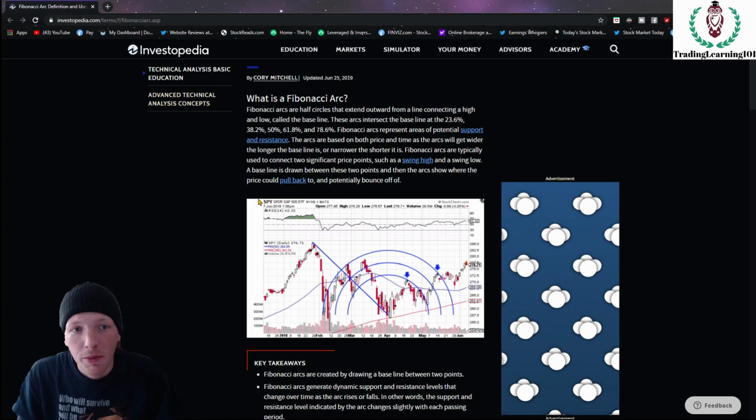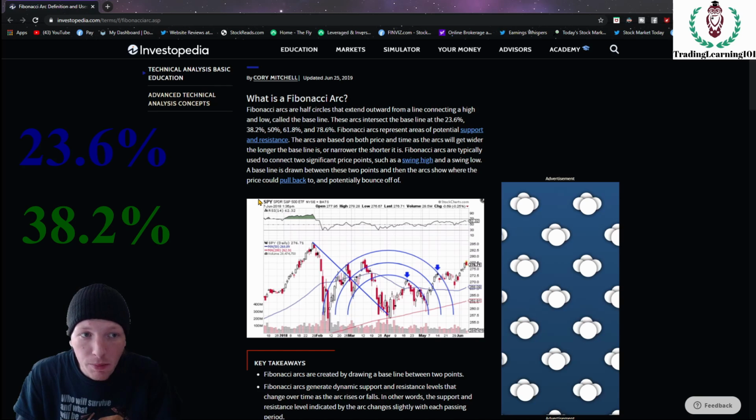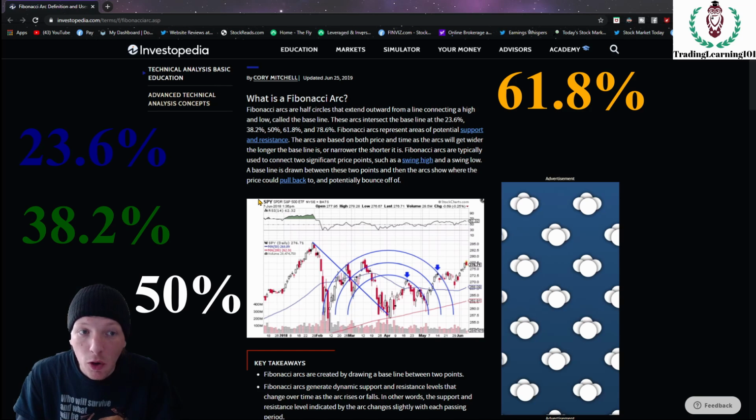So what are Fibonacci Arcs? Fibonacci Arcs are half circles that extend outward from a line connecting a high and a low called the baseline. These arcs intersect the baseline at the 23.6%, 38.2%, 50%, the golden ratio, 61.8%, and the 78.6%.